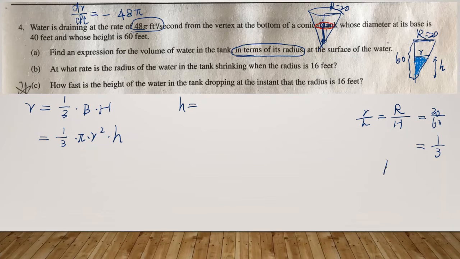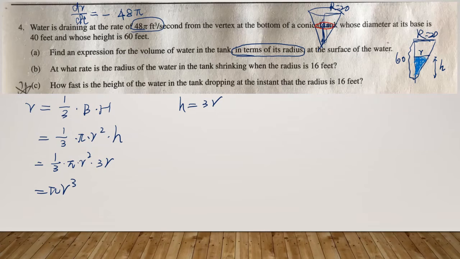So H equals 3R is the relationship between H and R. Continue. So it is 1/3 times pi times r squared times 3r, which is pi r cubed. So that's the answer to the first question.